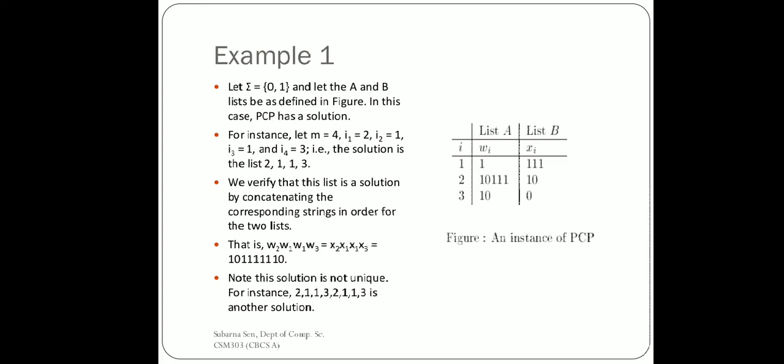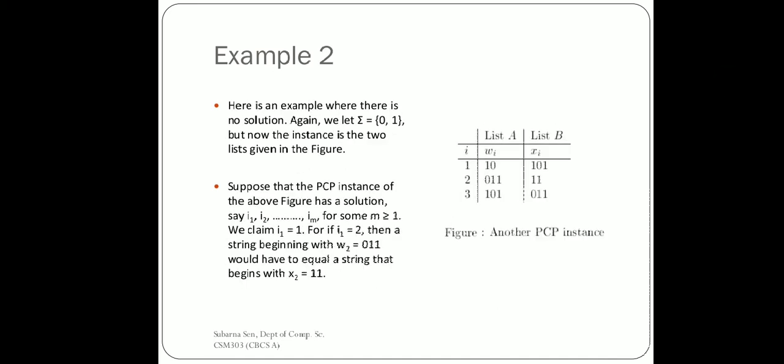Okay, now let us see one more example where we cannot generate any solution after so many tries. Let us see here. What we are doing here, we can see that no solution exists. Just to start, we will assume I1 to be 2.